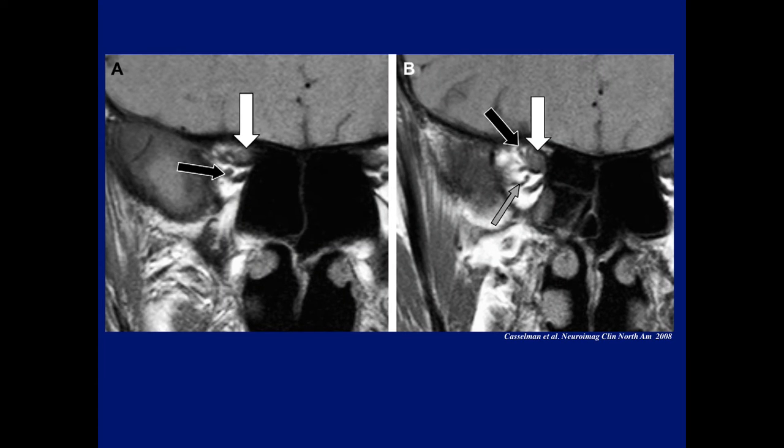And Dr. Castleman has demonstrated, for instance, here's the optic nerve, and we can see the third nerve. So you can see some of the structures, but it's not easy to separate them.